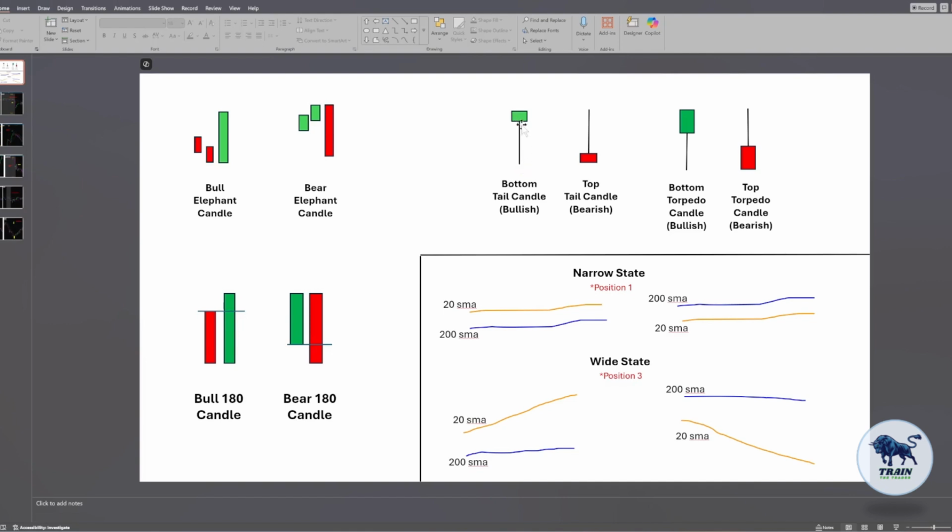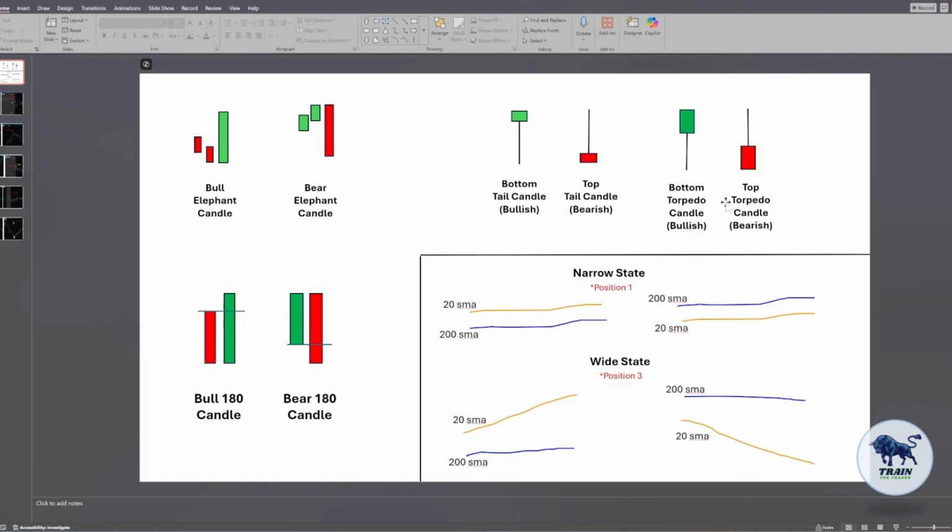Whether it's on the bottom, it's called a bottom tail, or the top, called a topping tail or a top tail candle. The bottoming tail is bullish. It's basically saying that the price opened here, came all the way down here, and then the buyer stepped in and pushed it all the way back up to close higher. That's a very bullish signal, and just the opposite for the bearish.